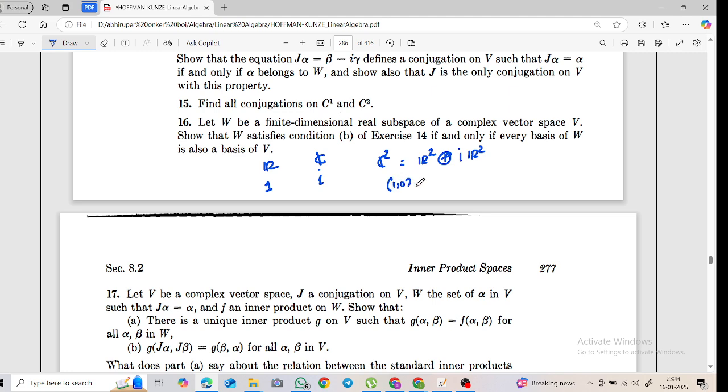Say (1,0) and (0,1). Okay. Now these will be a basis in C square as well, because to span this you just need to multiply these vectors by i. So you don't need new basis elements because there is an extra scalar i which will compensate for it.